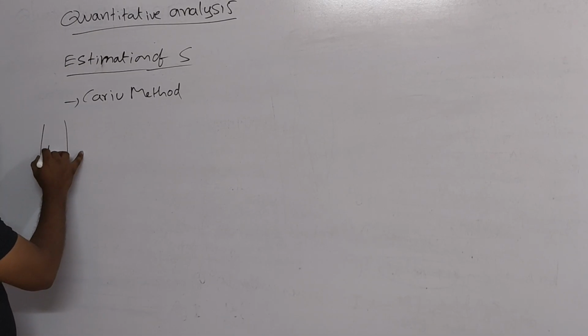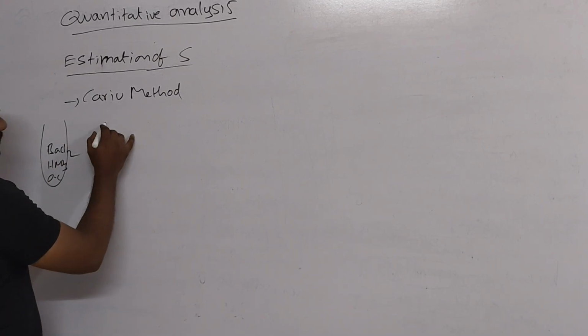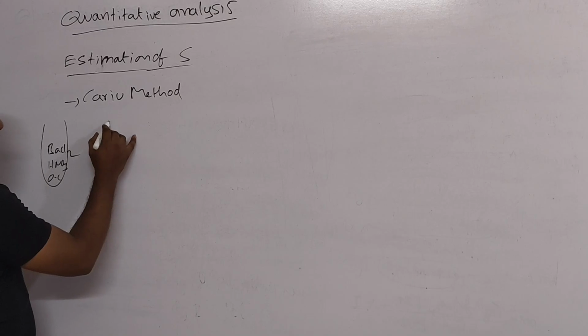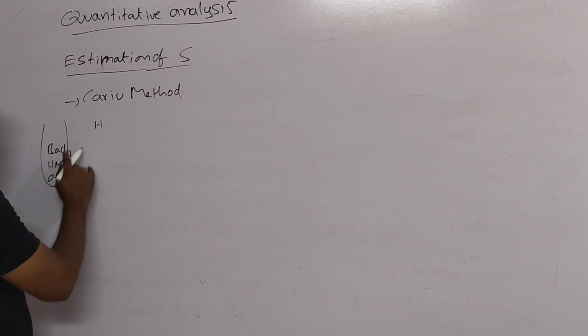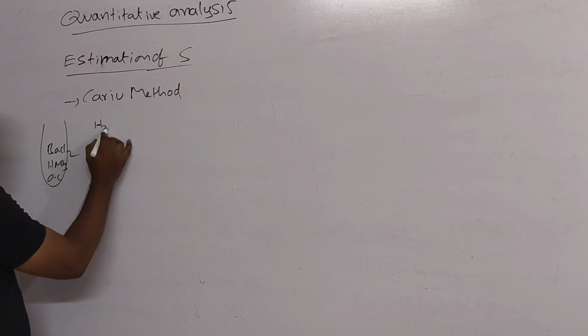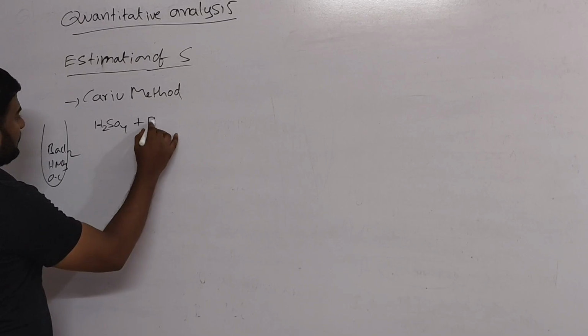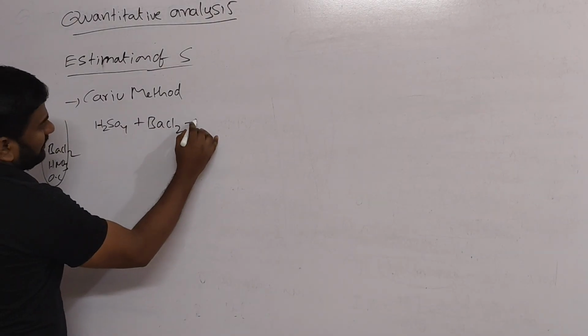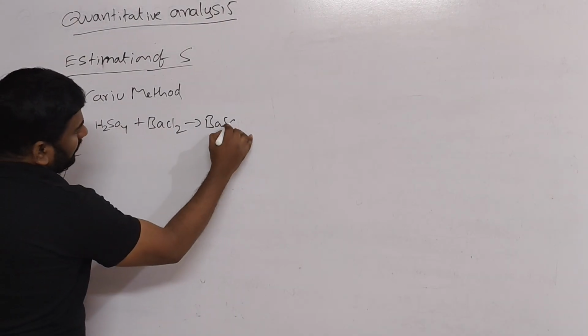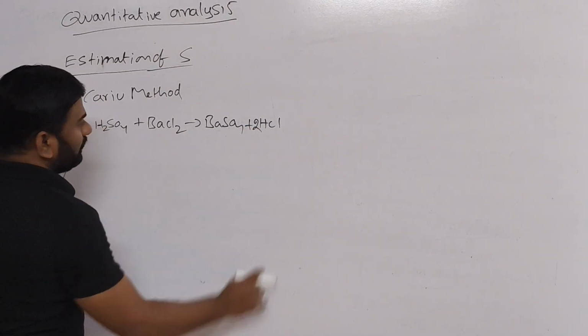Later, BaCl2. To the sulphur containing compound, if it is treated with HNO3, it is converted into H2SO4. This H2SO4 on reaction with BaCl2 gives BaSO4, barium sulfate, and HCl.